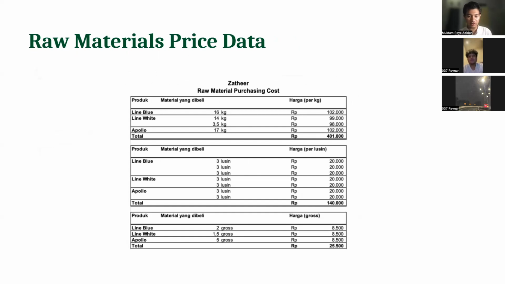So based on the overall raw material for the three products, this is the cost of each type: firstly the fabric, then the benang, or thread, and lastly the kancing, or buttons.